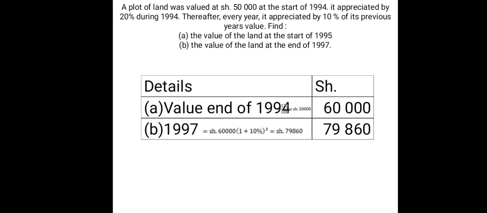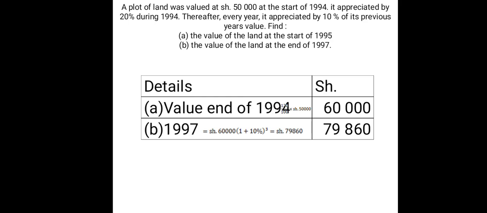Now for part A, we shall take 120 over 100 multiplied by 50,000. We get the value to be 60,000. For part B, we shall use the compound interest formula, which shall have amount into 1 plus rate raised to the n, where rate is the interest rate and n is the number of years.